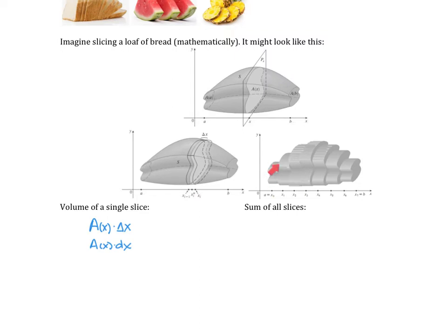If we continue to take infinitely small slices of this bread and we find the volume, infinitely small widths of the bread, that's that dx, we would find the volume by taking the sum, which is the integral, from A to B of the area of one slice multiplied by the width. The area of the base multiplied by the height, or the width in this case, of the shape.